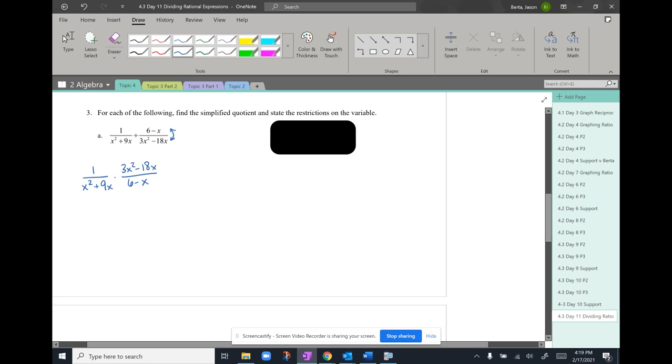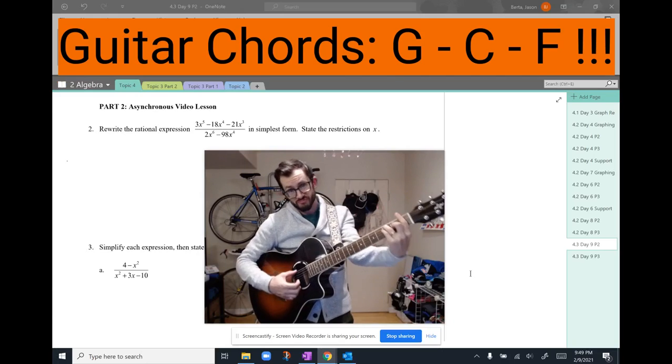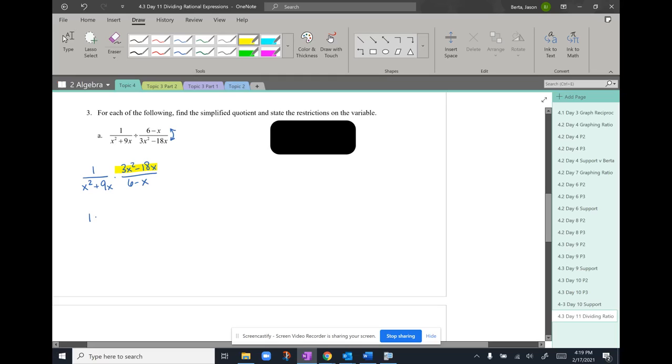Now I'm going to try and factor. I'll focus first on the numerator. In the numerator, I've got the 1 out front, so I'm just going to keep that. And then I've got 3x squared minus 18x. We've got a greatest common factor here.